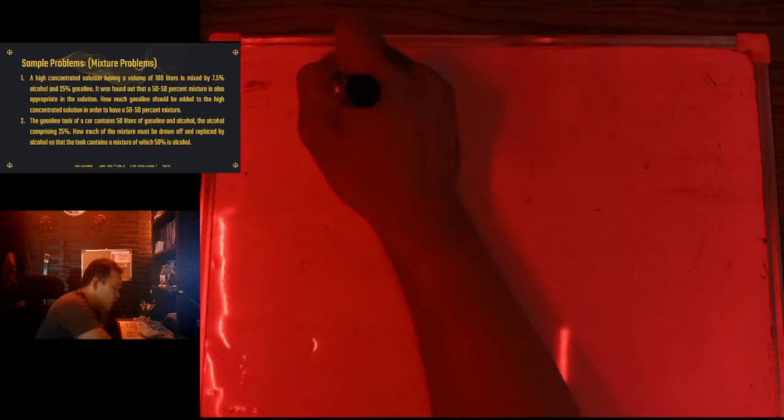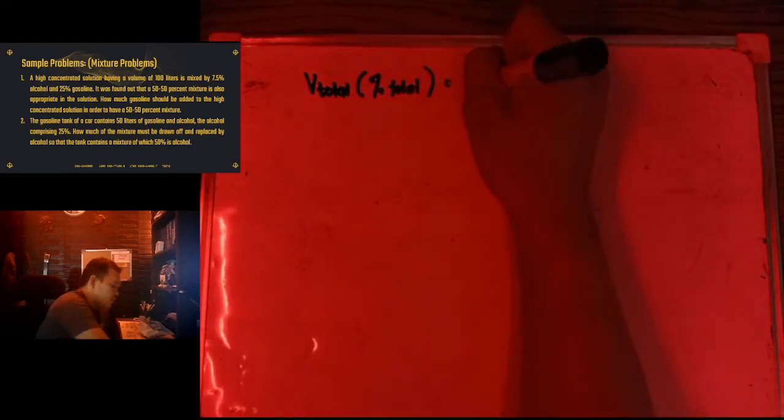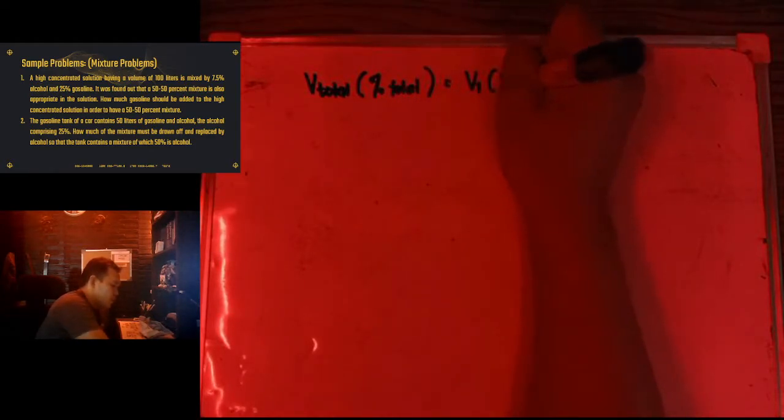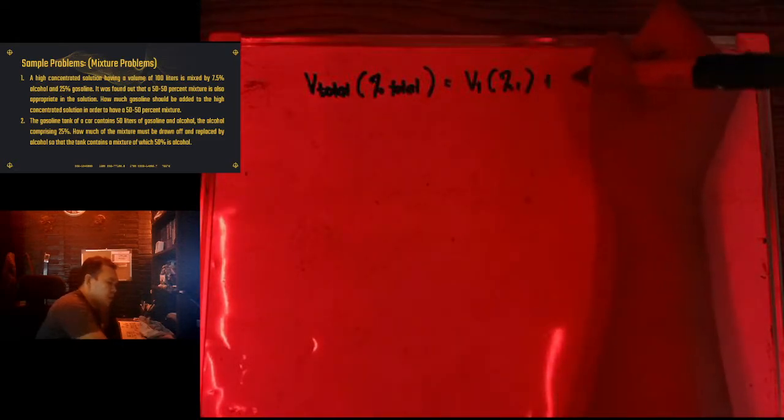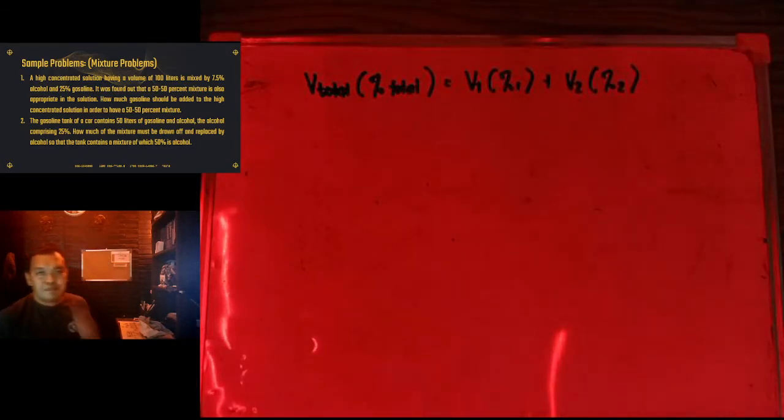Okay. In solving mixture problem, the formula will be volume total times percent total is equivalent kay first volume times yung percent first plus yung second volume times yung second percentage niya and so on and so forth, diba?